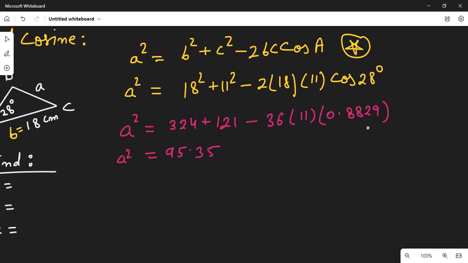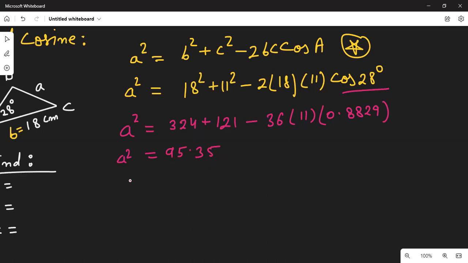If you took the exact value of cos 28, your value might be slightly more because we have rounded it. It was cos 28, 0.8829. It would be somewhere very close to this number. It's perfectly fine. That value is also correct.